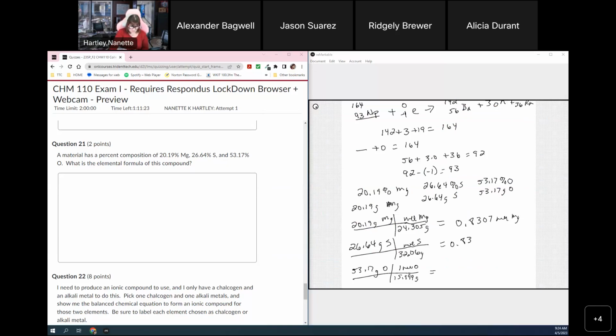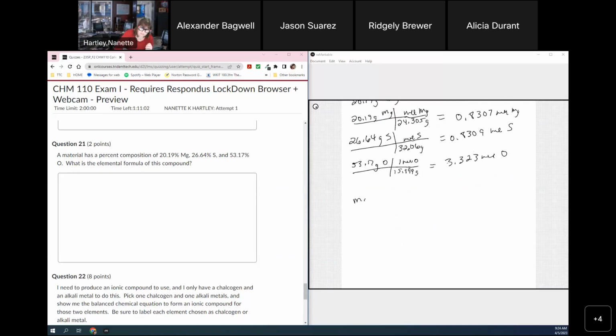So 0.8309 for the sulfur. 53.17 divided by 15.999 gives me 3.323 mole of O. Now, in theory, what I would then see is that it's Mg 0.8307, S 0.8309, and O 3.323. But we don't report anything that looks like that.